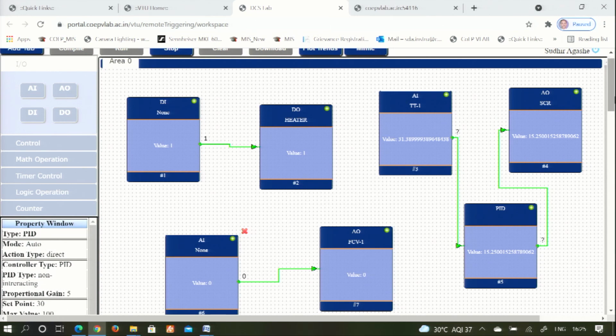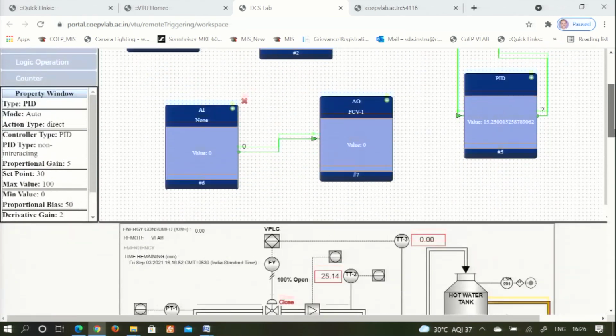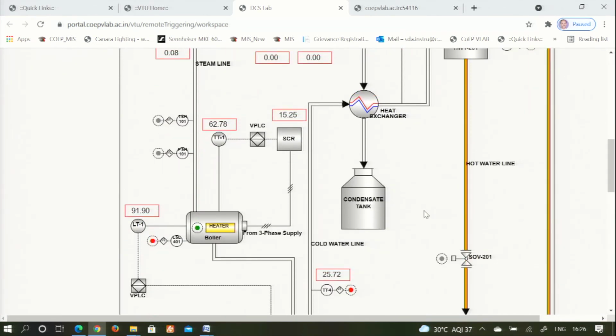If anything goes wrong, either intentionally or unintentionally, your intention may not be to damage the plant, but unintentionally if something goes wrong, what do I do? How can I stop this? What is the safety?